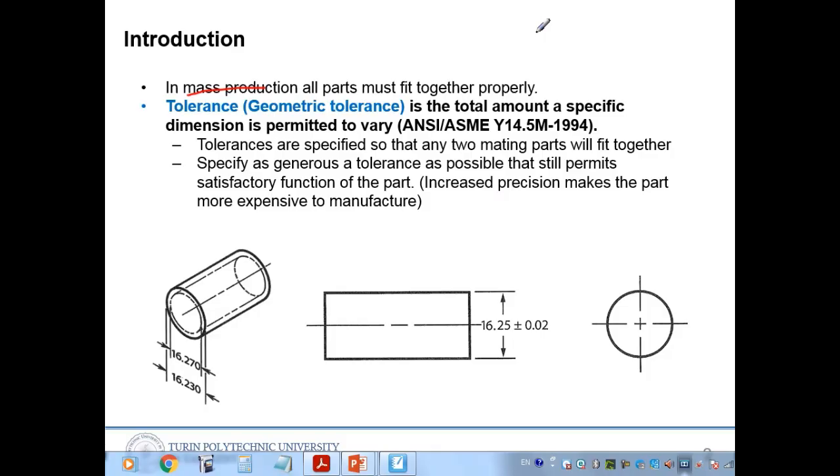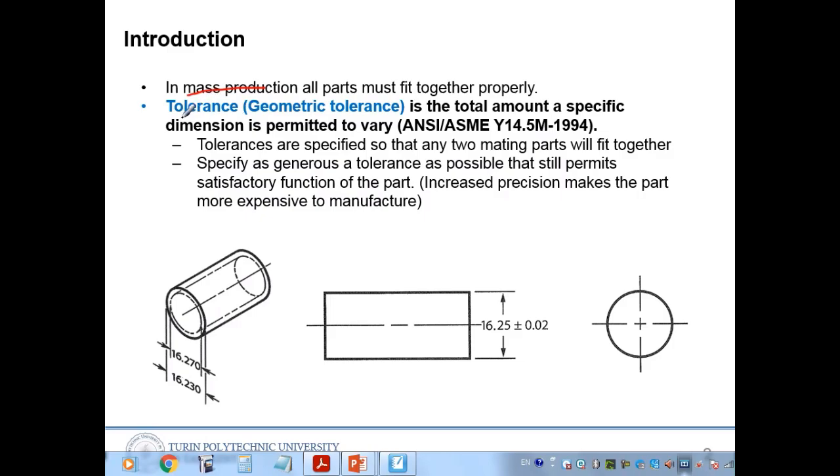So we have to care about those errors also. Okay, so for that purpose, we'll have a tolerance system. Later, after this slide, I will show you what a tolerance system is and how we solve those problems in mass production. So to solve those things, we need a tolerance.